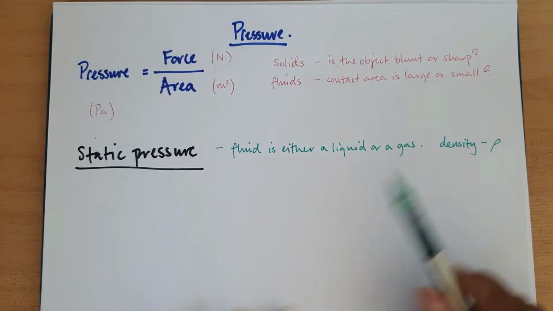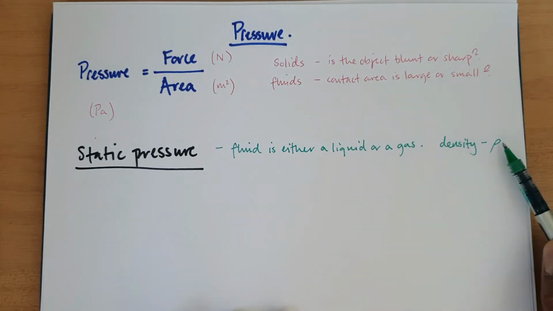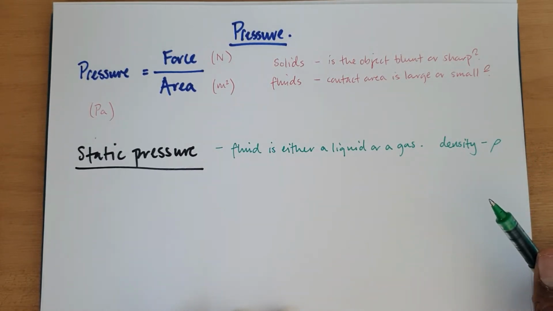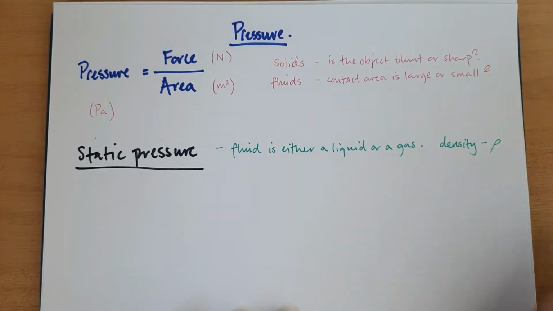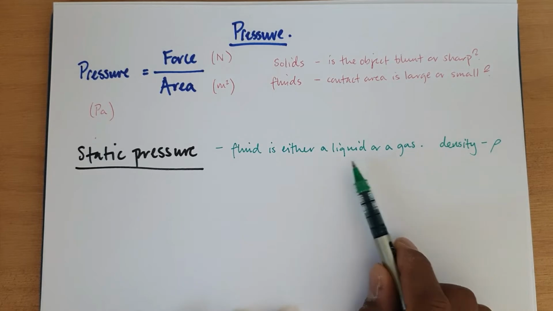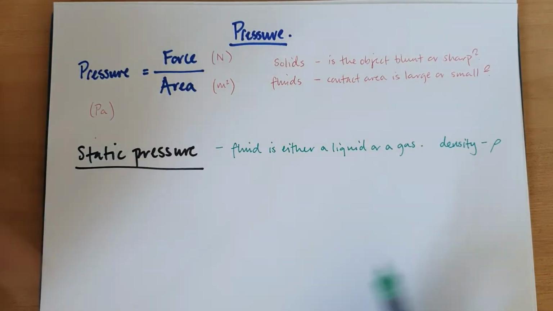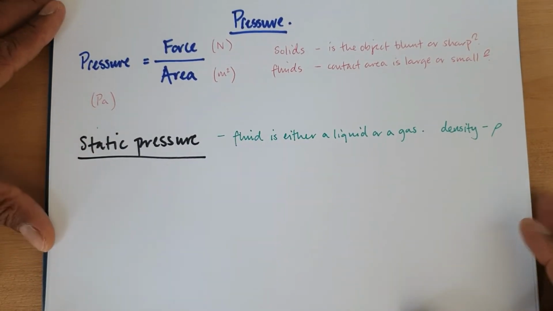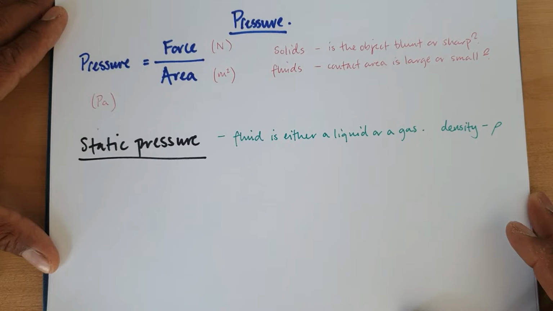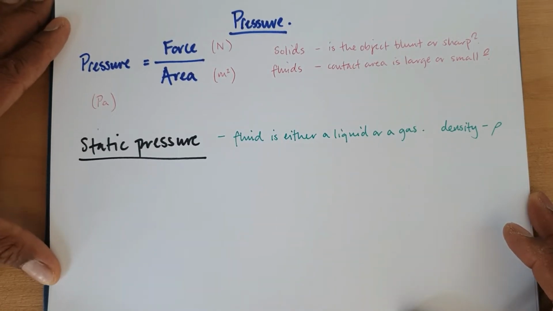When we think about pressure, the property that's important of the liquid or the gas is the density of the liquid or the gas. Because both liquids and gases can flow and move around, it means that they can exert pressure. So static pressure is the pressure inside a fluid due to depth in a fluid.